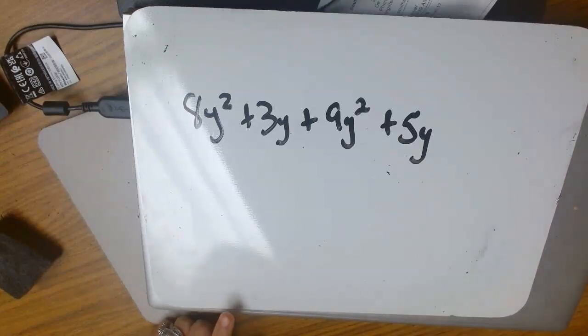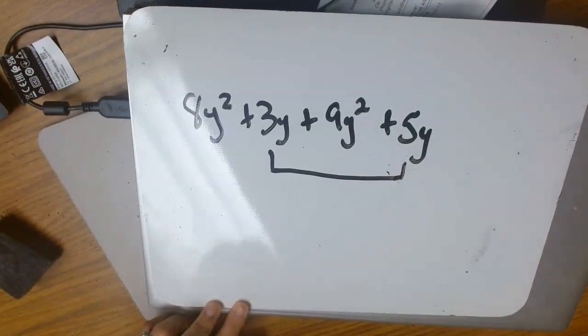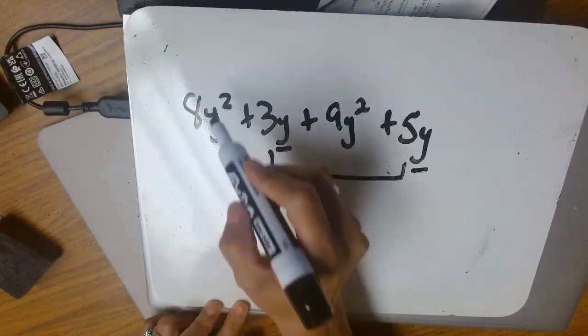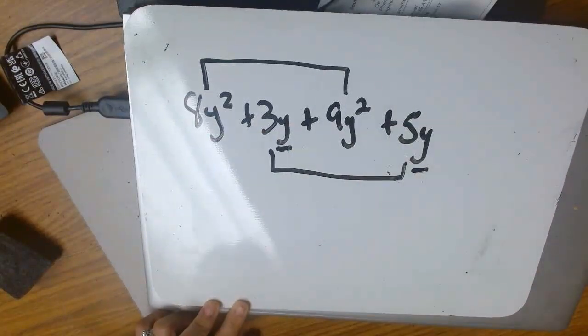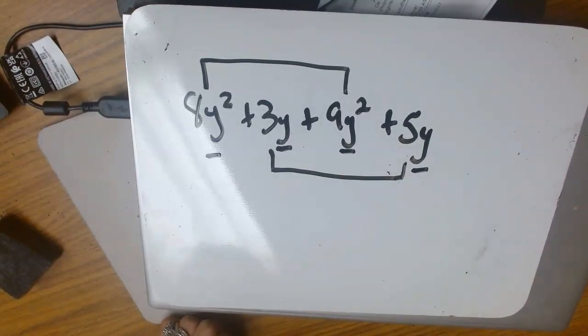Okay, so when we talk about like terms, this would be considered a like term to that because of the variable. This would be considered a like term because of the y squared. In variable expressions that contain constant terms, the constant terms are like terms.